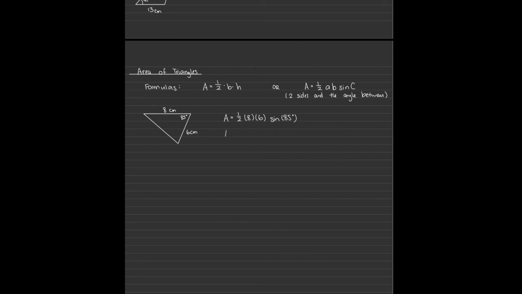So if we take the whole right side of that and plug it into the calculator, what we get is 23.9 centimeters squared. Anytime we're finding area, because it is a two-dimensional shape, right? It's not just one length, it is a two-dimensional space, our units are always squared. So if the sides were centimeters, then the area is centimeters squared.